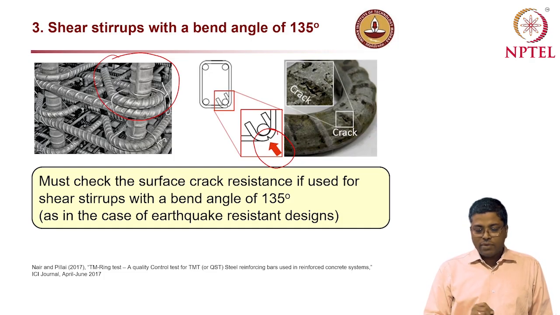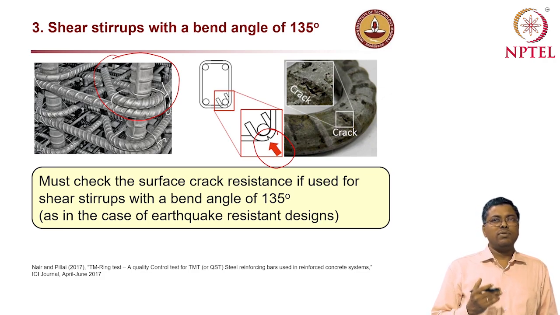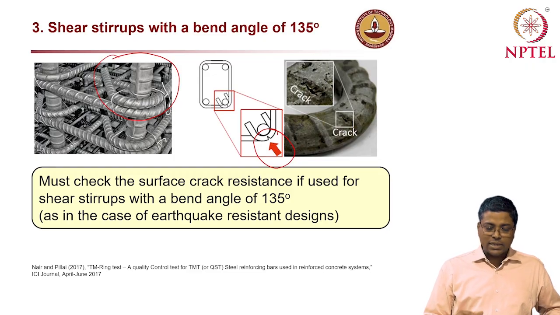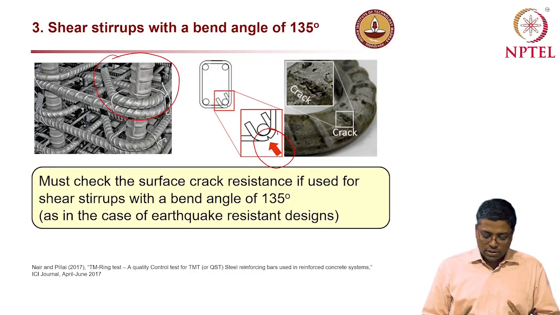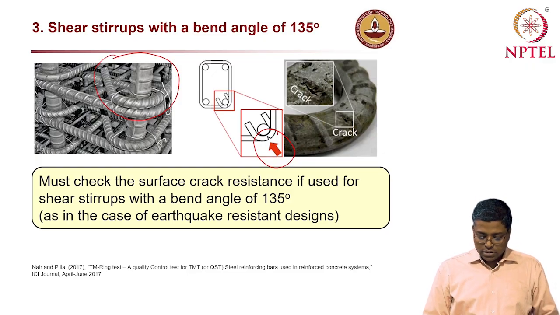And now if you have a crack like this, this will tend to corrode even with very low concentration of chlorides, because the mechanism is slightly different. Sometimes we call it crevice type of corrosion, which will happen at these locations because of the presence of the crack.